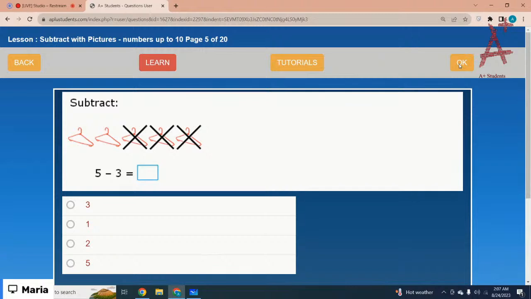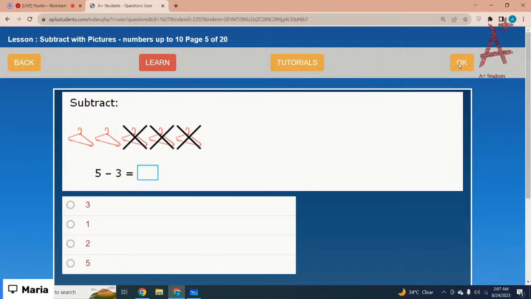Okay, the next one is subtract. Let's count the total hangers. You have one, two, three, four, five hangers. Three of them are crossed out. How many hangers are you left with? You have to count the ones that are not crossed out.